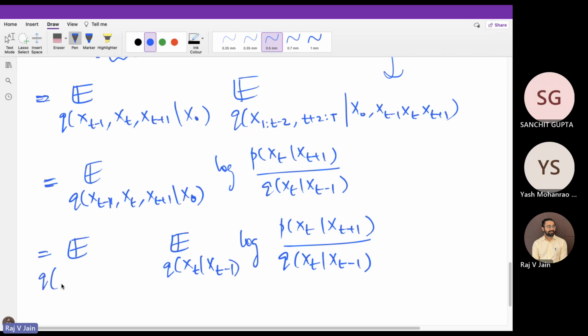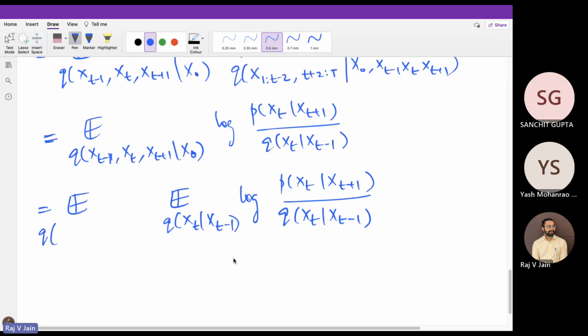This will turn out to be the same thought process: xt given xt minus 1, xt plus 1, x naught, right? And then this could be written as q of a given b, and then xt minus 1, xt plus 1 given x naught.